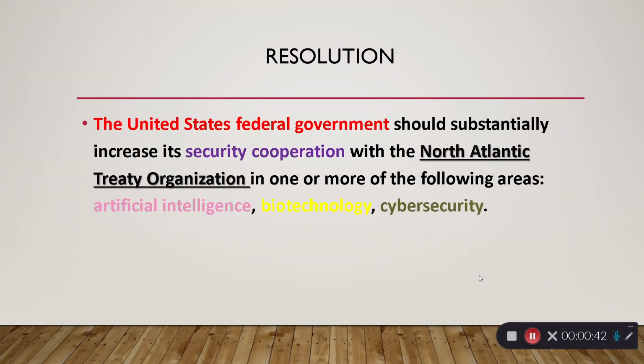I broke that down into several different terms that I think have a limiting function: United States federal government, security cooperation, NATO, and then the three particular areas: artificial intelligence, biotechnology, and cybersecurity. I'm going to be focusing mostly on security cooperation and then the three particular areas.